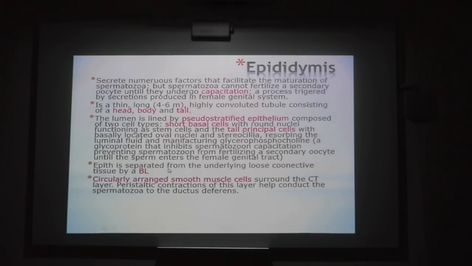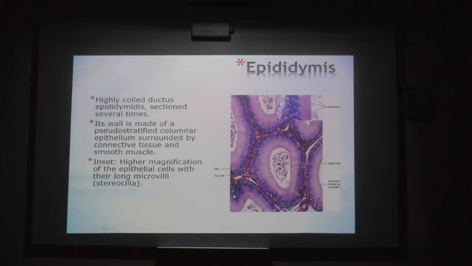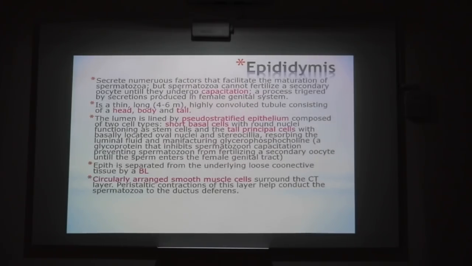The epithelium is separated from the underlying connective tissue by the basal lamina, and then there are circularly arranged smooth muscle fibers which surround the connective tissue. Peristaltic contraction of this layer helps to conduct the spermatozoa to the ductus deferens. Initially you have a thin layer of smooth muscle fibers in the head of the epididymis. In the middle part, you have several layers.